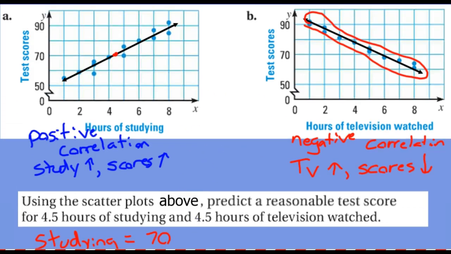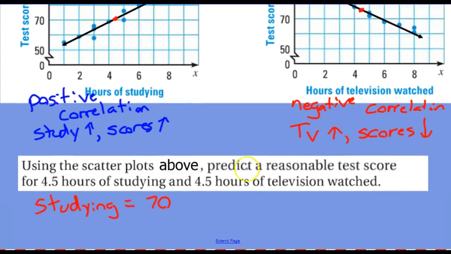Now 4.5 hours of watching TV, that's about there. They got almost 80, maybe about 77. So TV, they got about an 87 maybe.